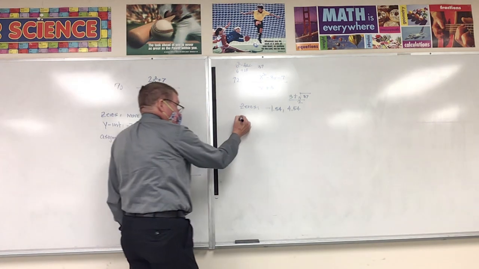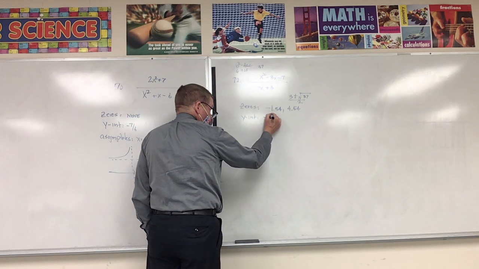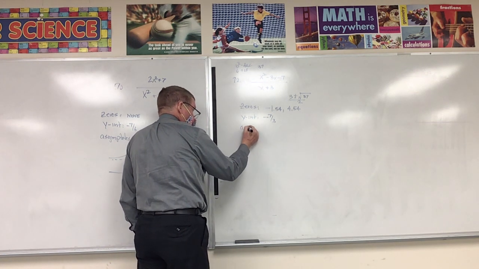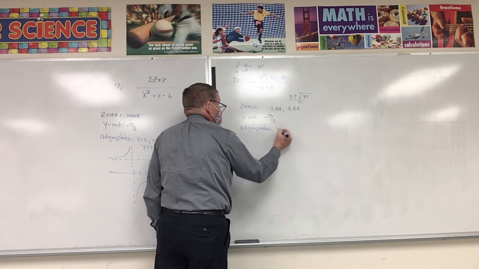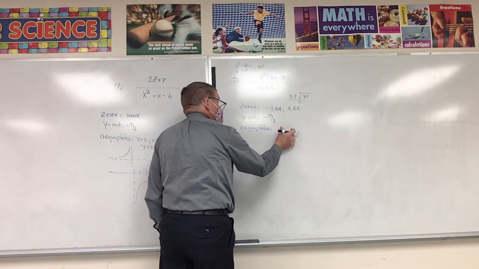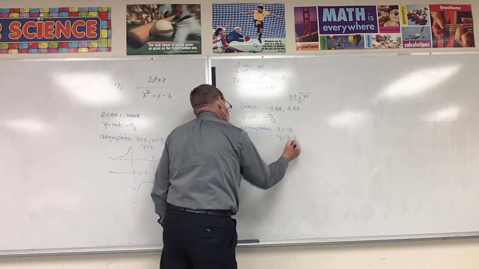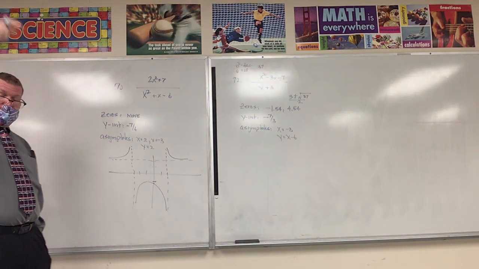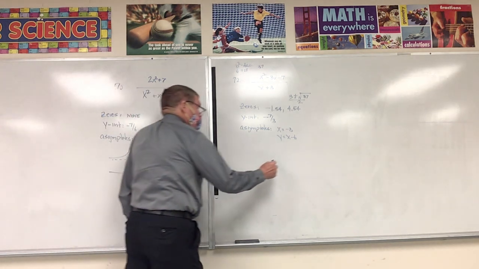I have a y-intercept of negative 7/3. We have asymptotes: x equals negative 3, and y equals x minus 6. So again, because my numerator has a higher degree than my denominator, I do not have a horizontal, I have an oblique, so I divide. So x plus 3 into x squared minus 3x minus 7, I get x minus 6.